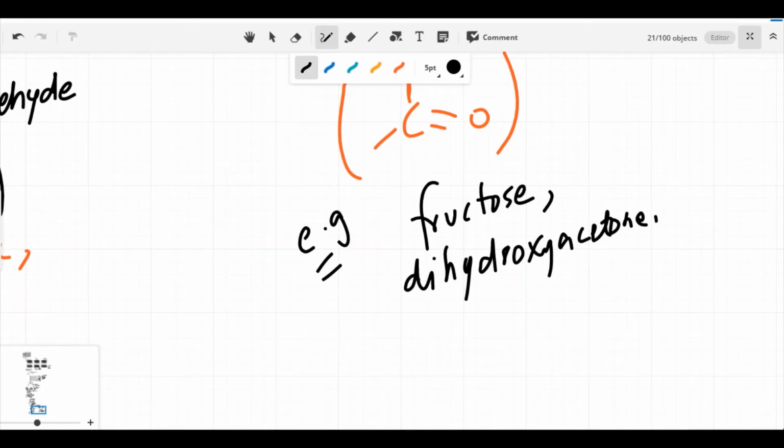We will discuss the structures of these compounds in detail.